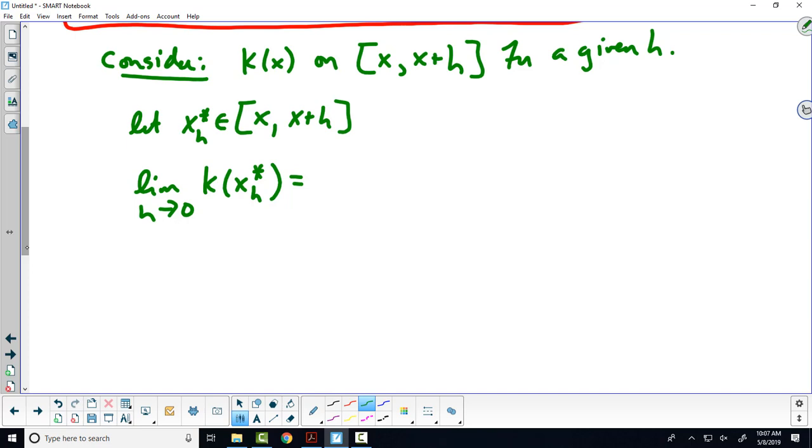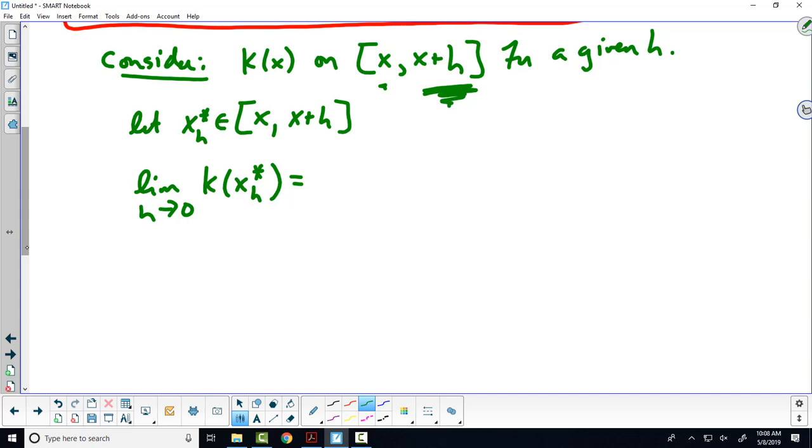What do I see here? Well, I see that this piece right here, so this is my left endpoint of the interval, and it's fixed for some given x. And this is changing with h. As h goes to 0, what happens to this interval? The left side stays put, but the right side starts shrinking towards the left side, right? Do you see that? I feel like you'd start out with an interval like this, and this is going to stay put, but this is going to move in as h goes to 0, right?